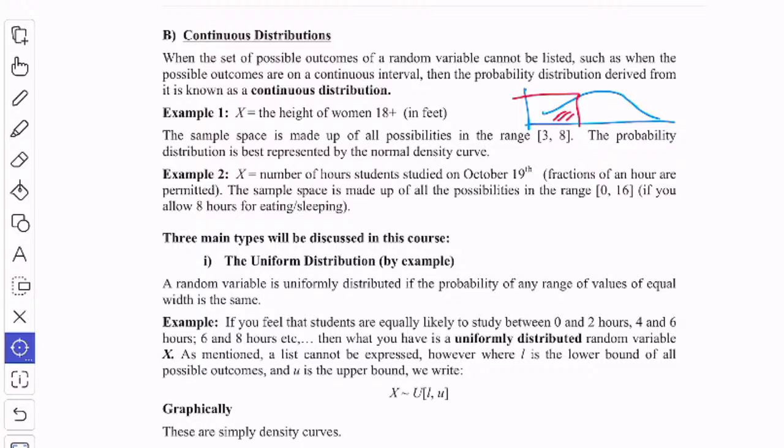Another kind of distribution that's also continuous that I want you to know about is known as the uniform distribution, and I'm going to talk about that. So for example, define X as the number of hours students studied on a certain day. This is a day before a test. And permitting fractions of an hour, a student could study between 0 and 16 hours if you include 8 hours for eating and sleeping.